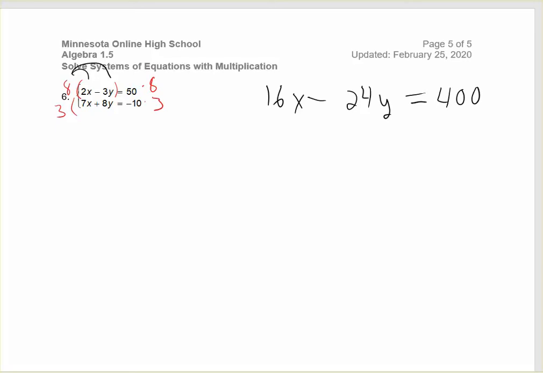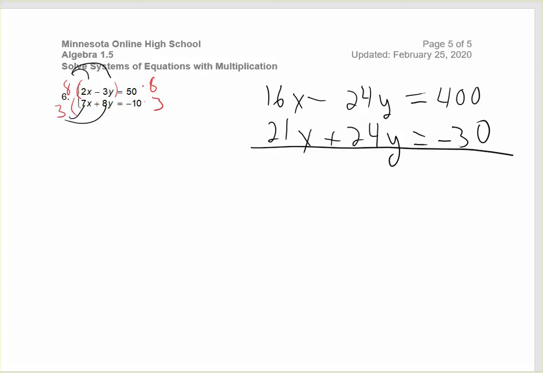And then on the second equation, you have to multiply everything by 3. 3 times 7x, that's 21x. 3 times 8y, that's 24y. And then 3 times negative 10 is negative 30. Now we can add these equations together. It's all set up because we have a negative 24y and a plus 24y.